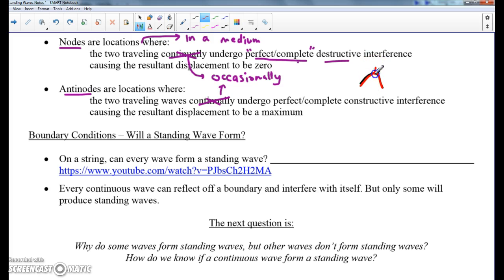And where does that tippy top overlap occur? At an antinode. And occasionally, the very top of one wave overlaps with the very bottom of the other traveling wave. Where does that tippy top and very bottom overlap occur? At the node. And that's what these notes say.